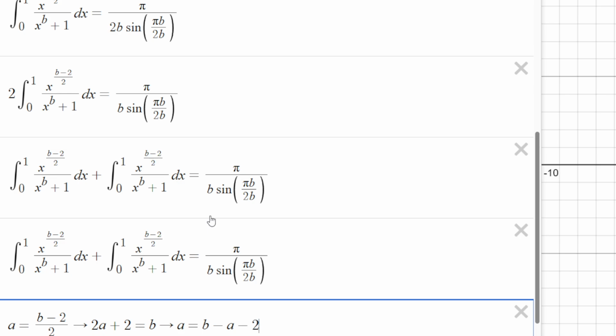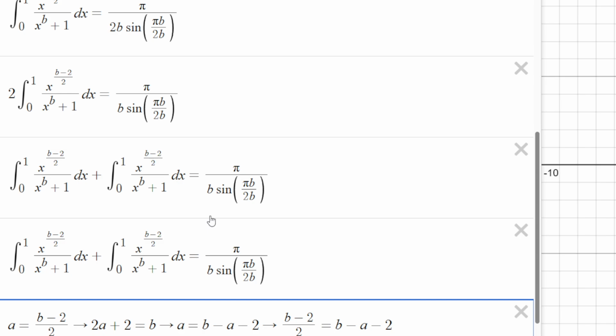So we have minus 2. Well, you'll notice that a is both equal to this and this. That means that, given our original equality a is equal to (b minus 2) over 2, it follows that (b minus 2) over 2 must also be equal to b minus a minus 2.